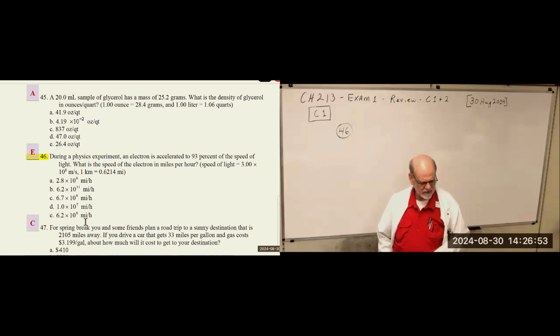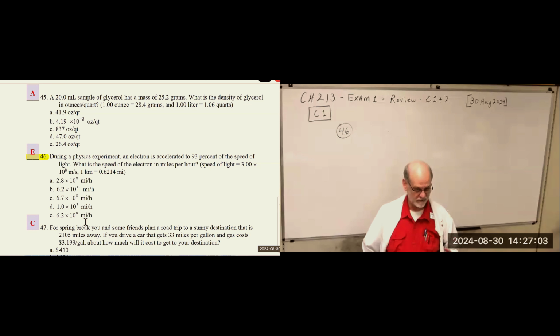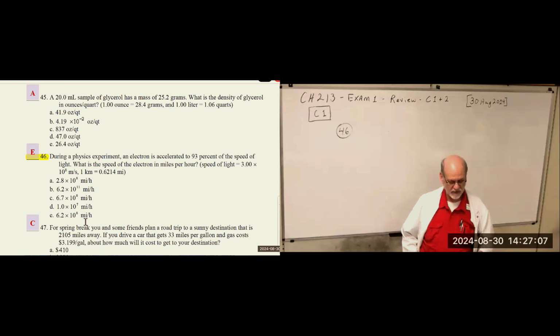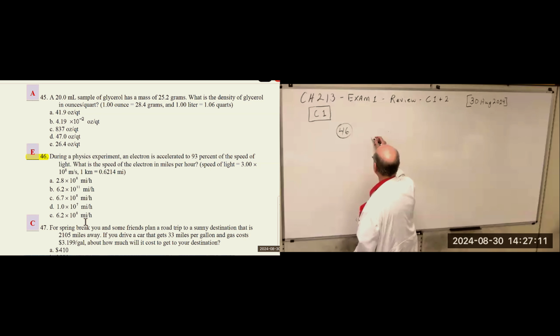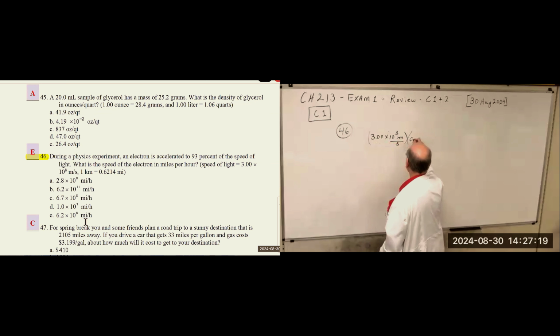During a physics experiment, an electron is accelerated to 93% of the speed of light. Speed of light is 3 times 10 to the 8th meters per second. So 93% of that is our starting point. And we want to convert it to miles per hour. So 3 times 10 to the 8th meters per second.